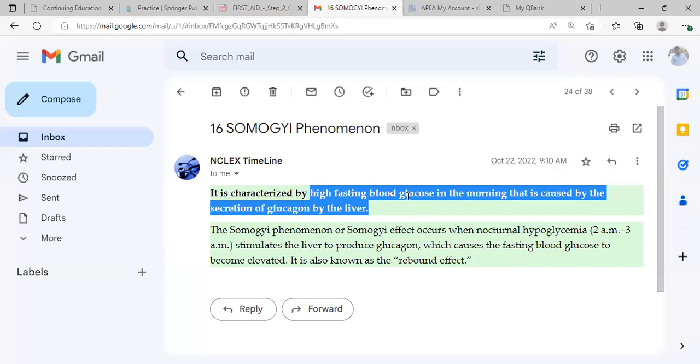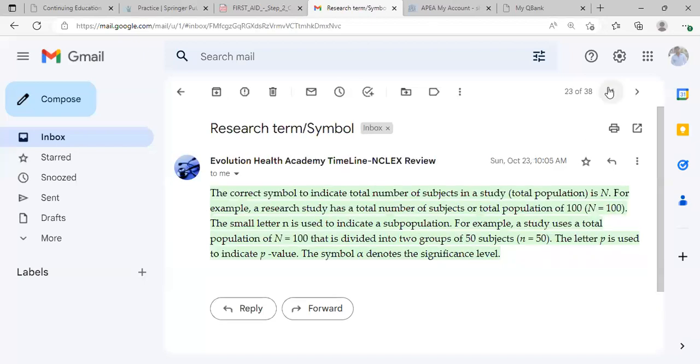Because of high fasting blood glucose in the morning. So stimulation of the liver to promote glucagon causes the fasting blood glucose to become elevated. It is also known as the rebound phenomenon. So important, let me tell you, fasting blood glucose level goes up when the patient presents with hypoglycemia. Okay, don't miss it. Next here.